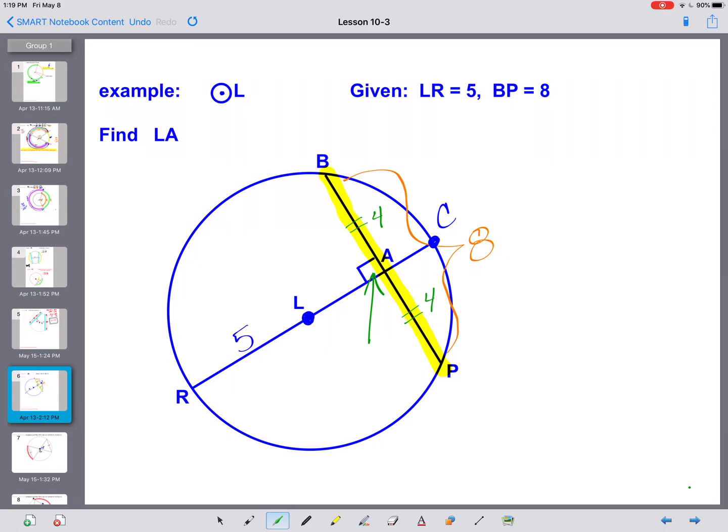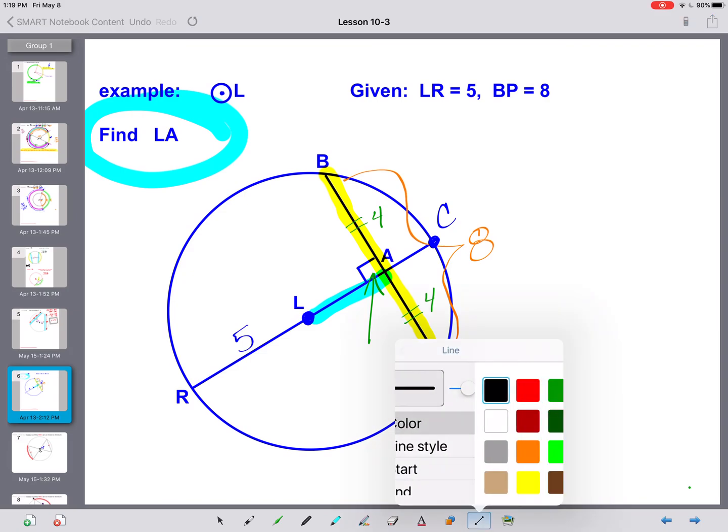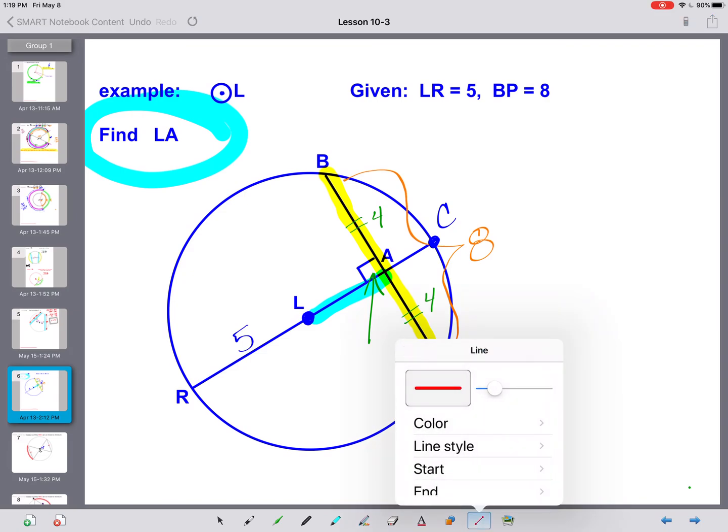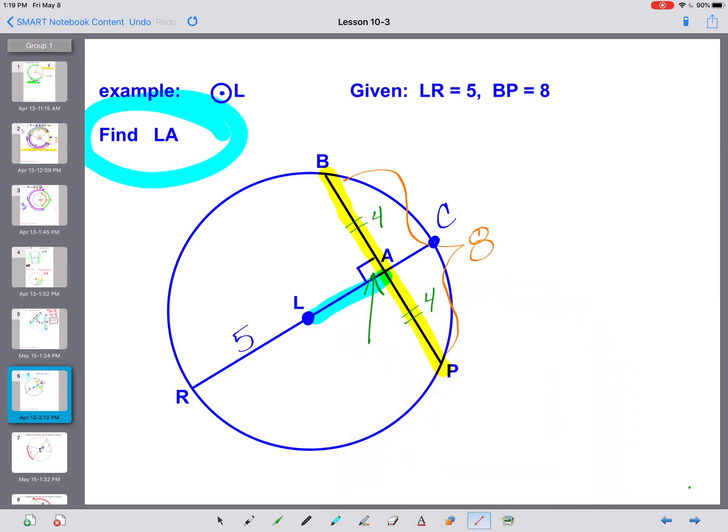Now, you need something else, though. We want to find LA, the little distance right here, L to A. How can you do it? I'm going to draw in a line segment.